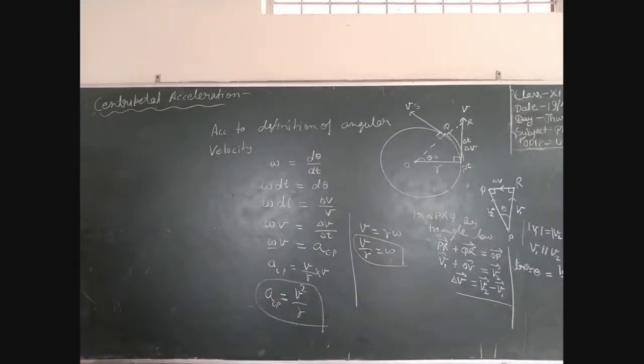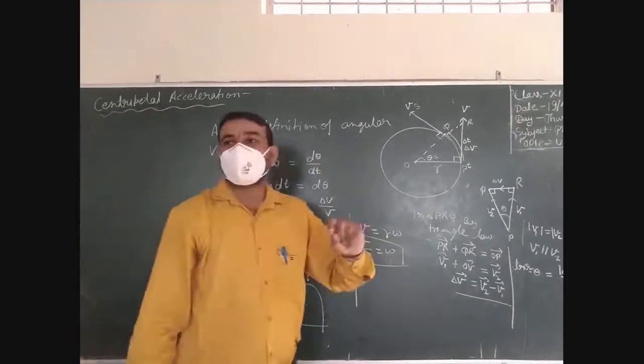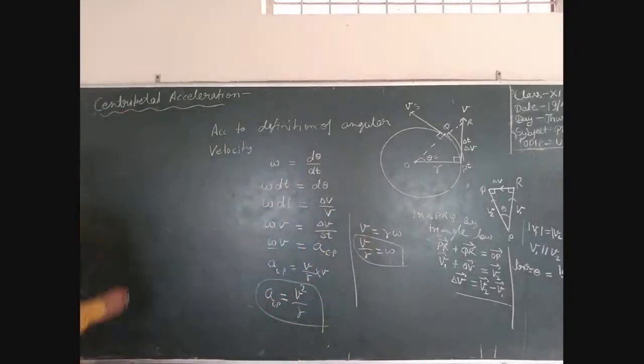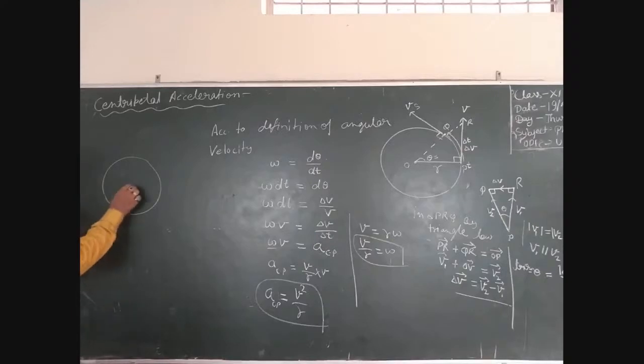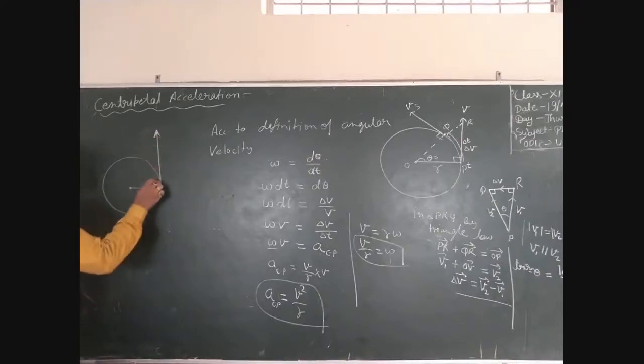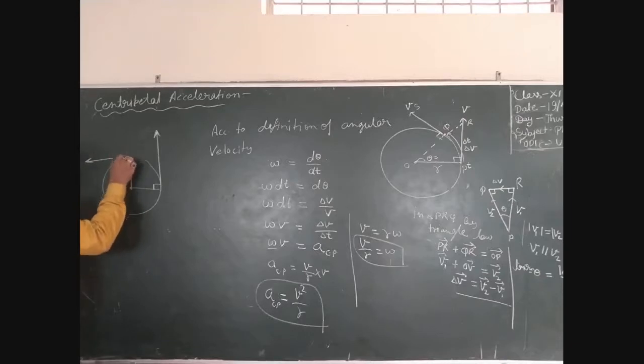As we discussed in the previous class, when a particle is moving in a circular path, the tangent drawn at a point is always at 90 degrees to the radius. If we consider different points, this is every time 90 degrees.